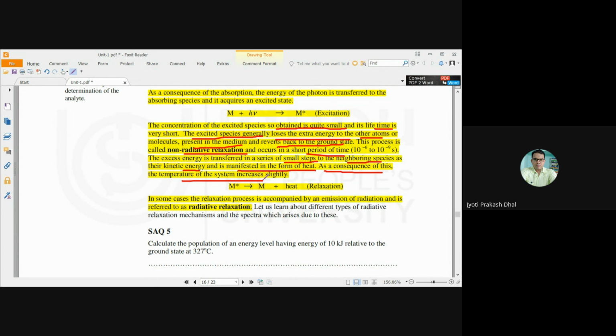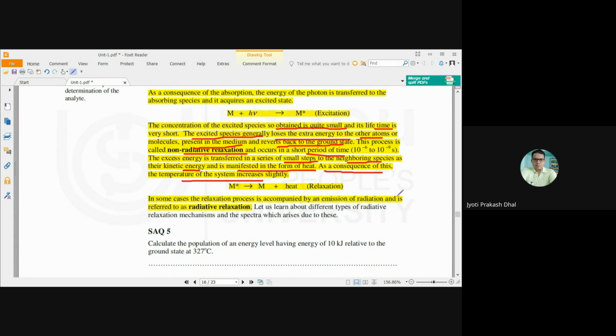As a consequence of this, the temperature of the system increases slightly. So that means if the excited molecule transfers its energy to its neighboring species, the kinetic energy of the neighboring species will increase, and that will be manifested in the form of heat.